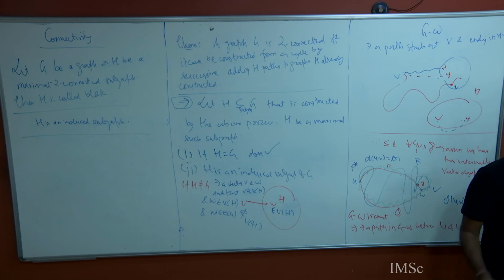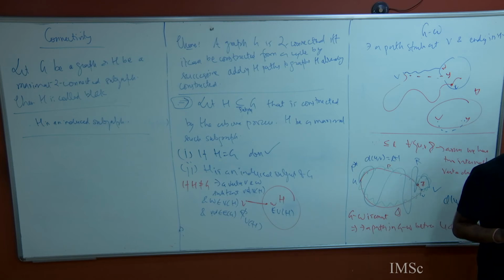I give you a graph G, and I give you two connected components, and they intersect at how many vertices? Zero. Okay.